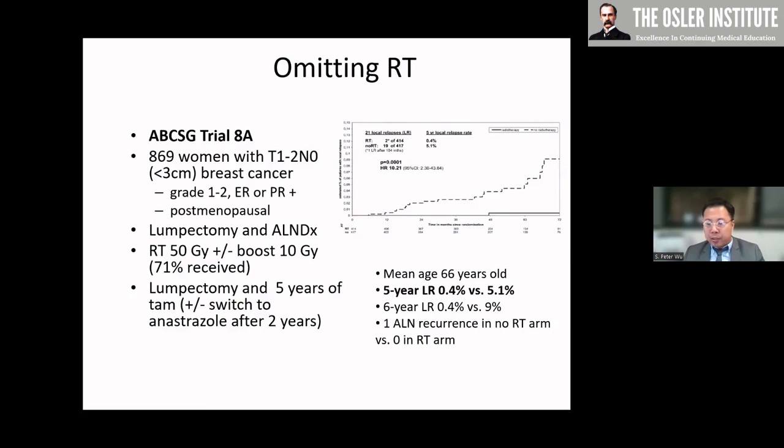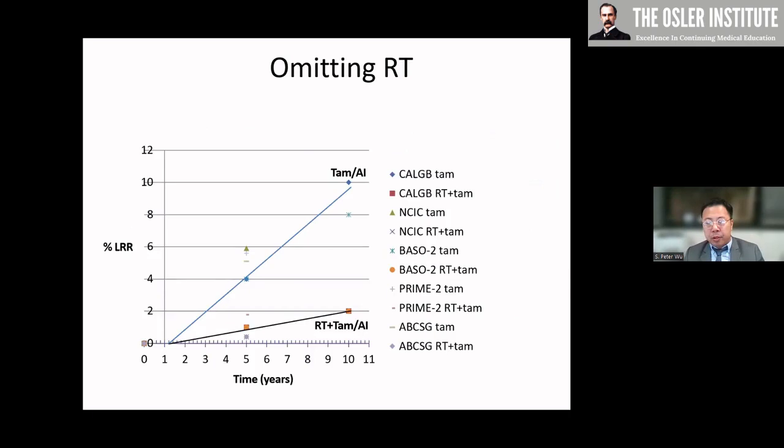And then for some reason at year 6, they're almost double the number of recurrences, 0.4% versus 9%. This is probably an artifact of the trial rather than anything else. It's important to note that there's one axillary recurrence in the no RT arm and 0 in the RT arm. So most of the recurrences were local within the breast.